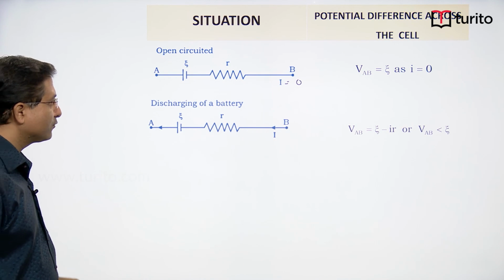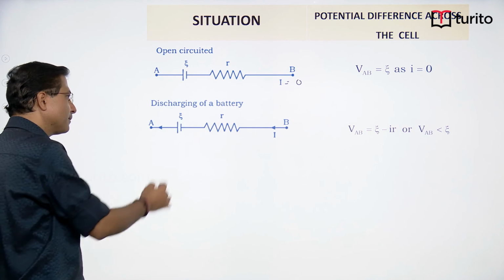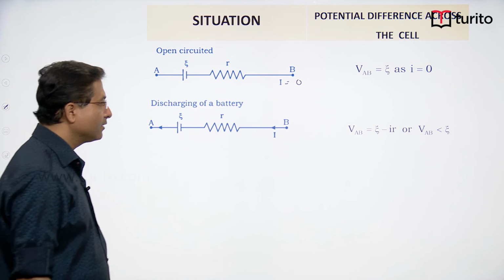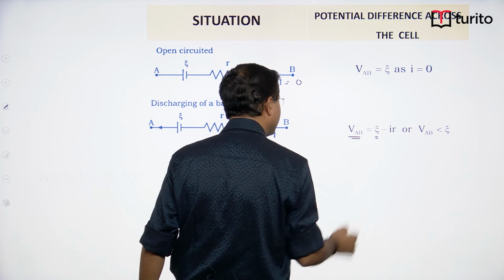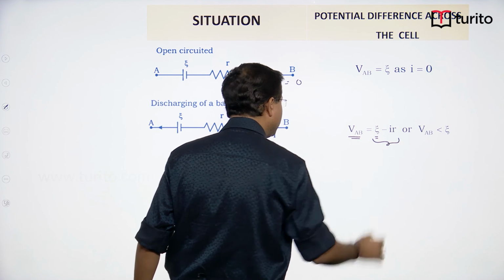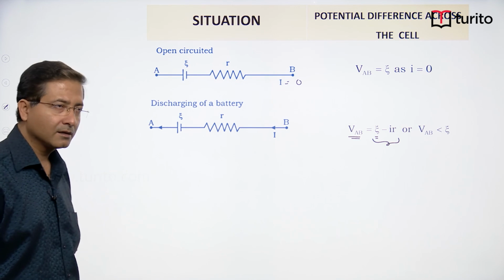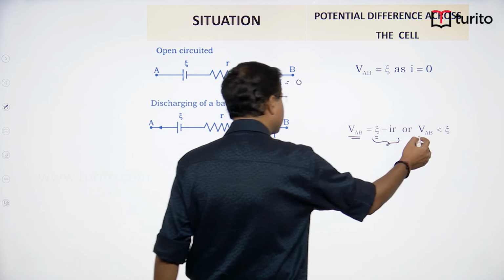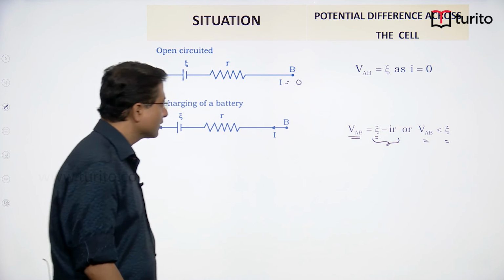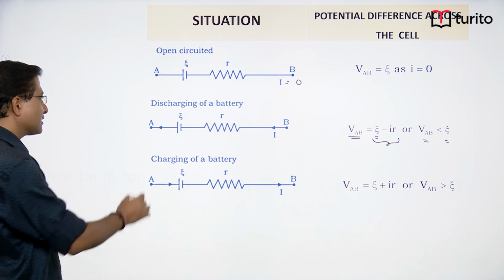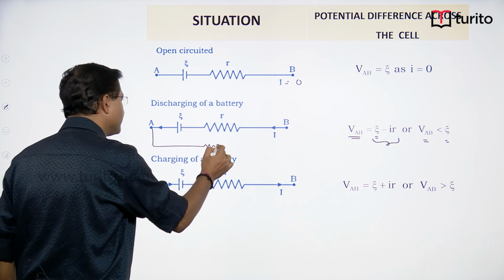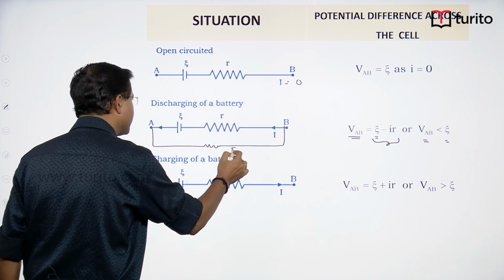Second case, if we are drawing current from the battery, as we just saw, the potential difference will be somewhat less than the EMF, it will be E minus IR. If we charge the battery, right, if you are discharging the battery, that means we have connected some resistor this way.